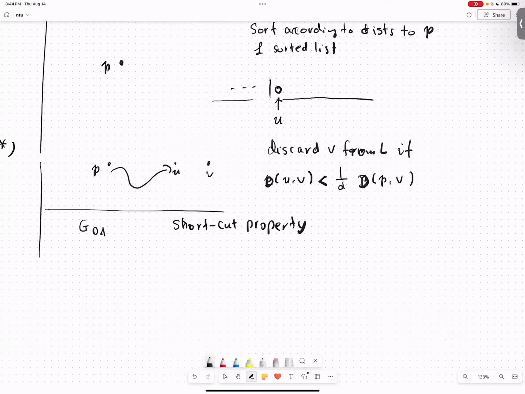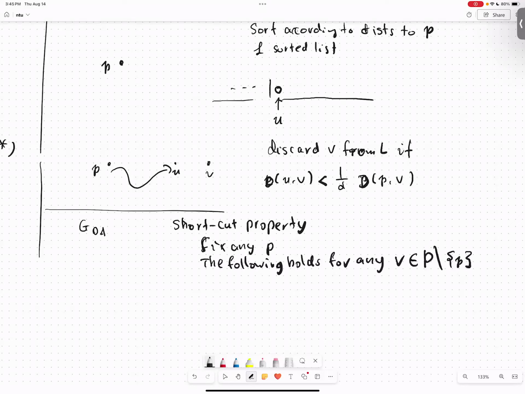The shortcut property says: fix any point P, and the following must be true for any V other than P itself.